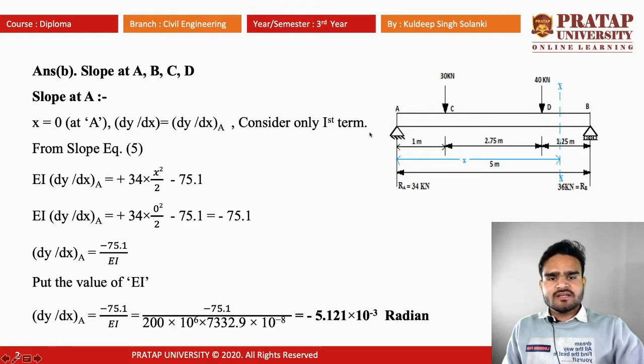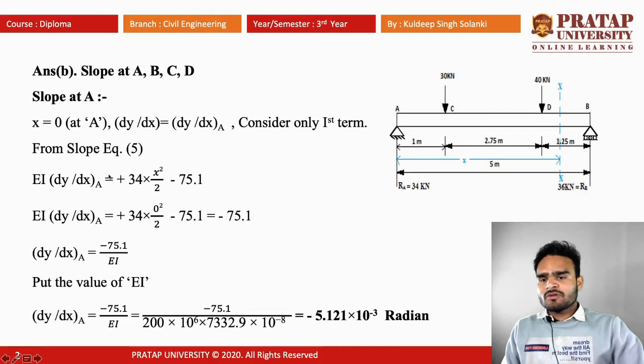From the earlier equations, our slope equation is equation 5 and the deflection equation is equation 6. Considering only the first term in the slope equation, we put x equal to 0, and dy/dx is the slope at A.